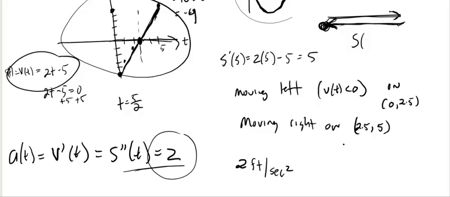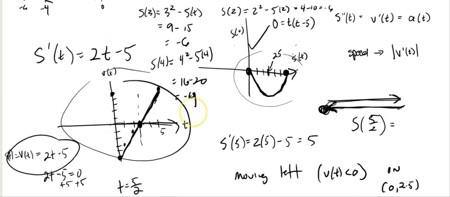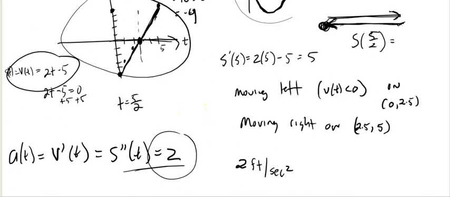We never found this one: s of 5/2, which is 5/2 squared minus 5 times 5/2. If you do the math, that should give you negative 25/4, which is 6 1/4.